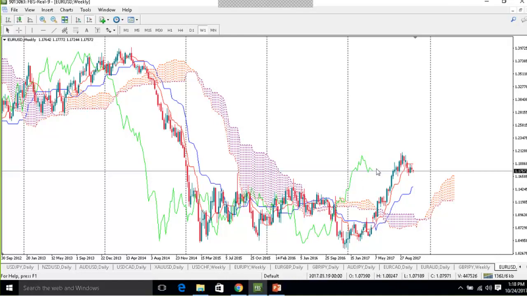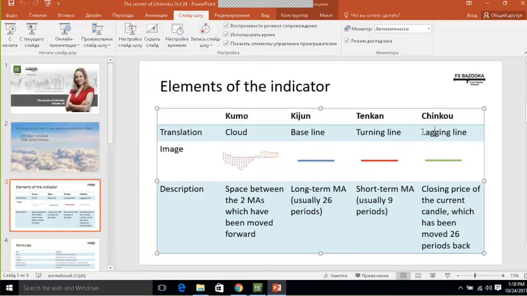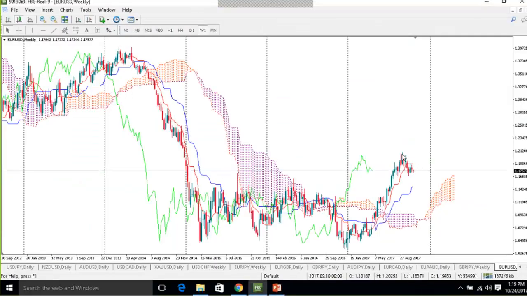And the final line here, the green line, is called Chikou span, or the lagging line. It is simply the current price chart. It's the closing price of each period, which has been moved 26 periods back. So just the price chart, which has been switched back.